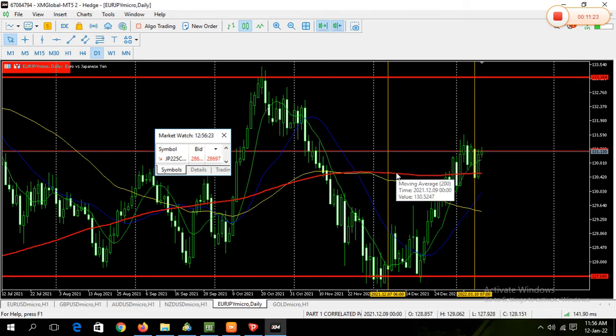This is moving average 200. This is moving average 50. This is moving average 8. What are they doing? They are technical analysis. They can only work for you when you know that all these lines are not the ones controlling the market. It's the price, it's the candle.